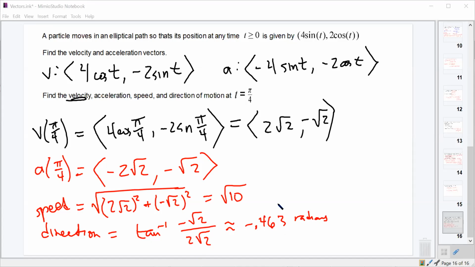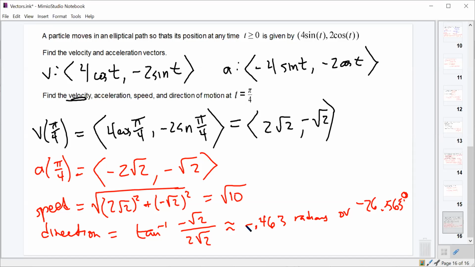And so normally when we talk about vectors, we always talk about a positive angle. And so what's the positive angle of negative 0.46 radians? Or what we can also call it negative 26.565 degrees? So we took the inverse tangent, gave us this negative angle in the fourth quadrant. So how would we write that as a positive angle?